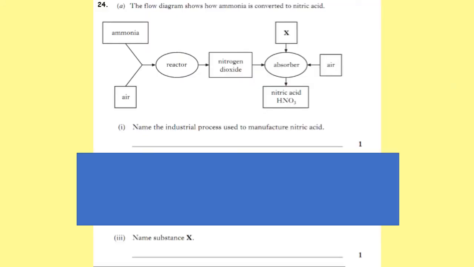So here we have a diagram of a process, and it's the flow diagram showing how ammonia is converted into nitric acid. First question, just like the previous one, name the process used to manufacture nitric acid, and that is the Ostwald process.